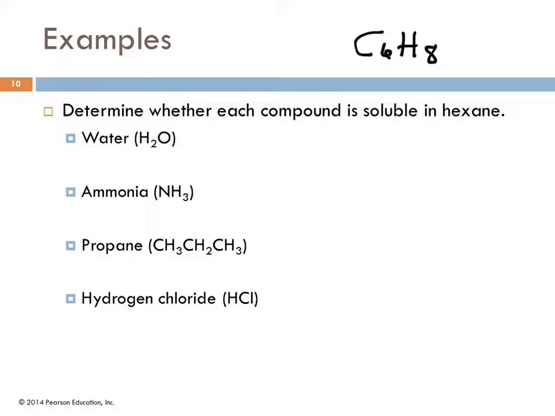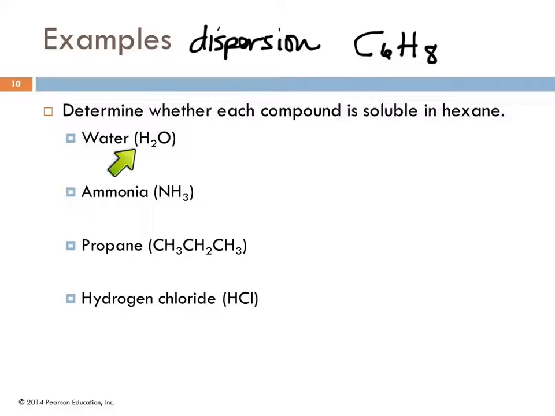Does it look like it would be a polar molecule? Yeah, this is going to have dispersion forces. Carbon-hydrogen bonds are considered nonpolar bonds. And all we've got is carbons and hydrogen. That's going to be a nonpolar molecule.